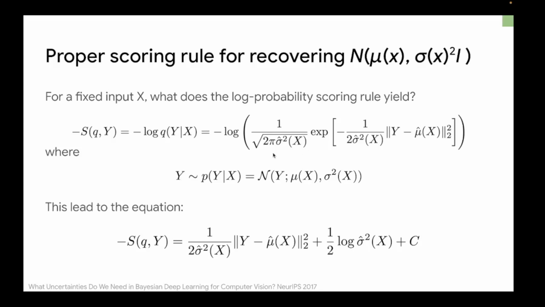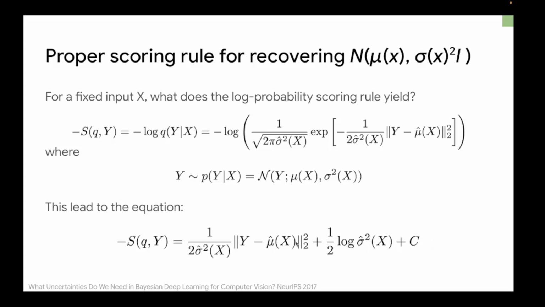If you do all the cleanup here by removing log and exp together and so on, then you end up with this formulation: 1 over 2 sigma squared times the L2 norm squared of y minus mu, plus 1 over 2 log of sigma squared, plus some constant term. We don't care about the constant term because it is independent of the optimization problem that we're going to solve.